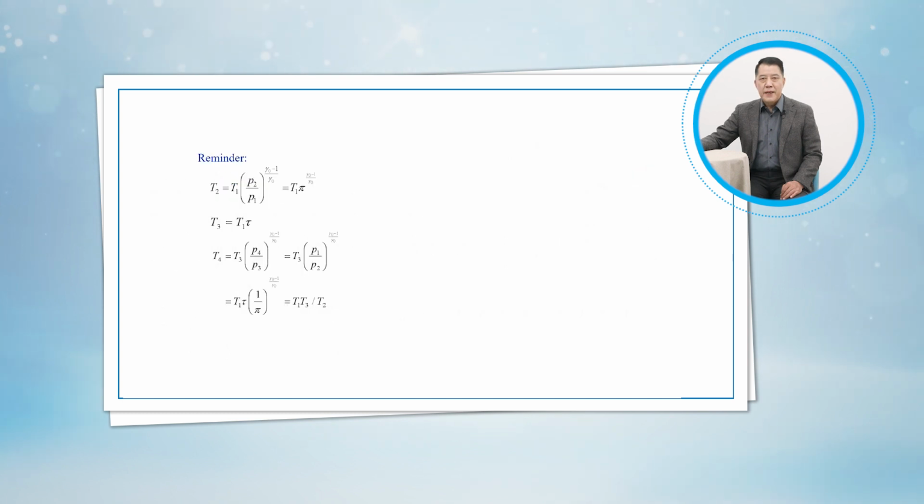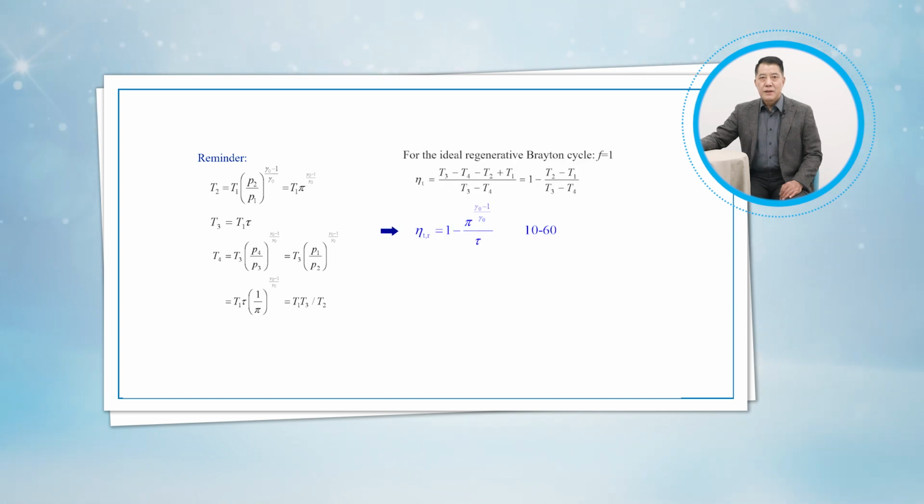Based on the process, the temperatures for the three states are given. Substituting and simplifying yields the result with unity effectiveness and under the cold air standard assumptions. The thermal efficiency of an ideal Brayton cycle with regeneration is expressed by equation 10-60.